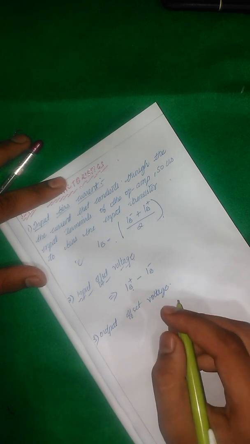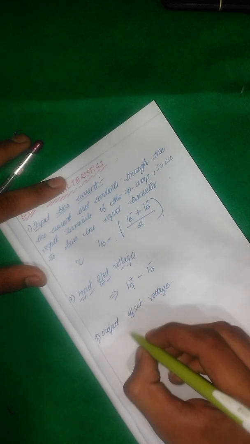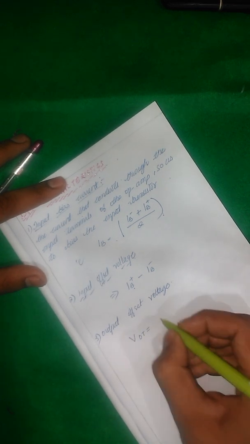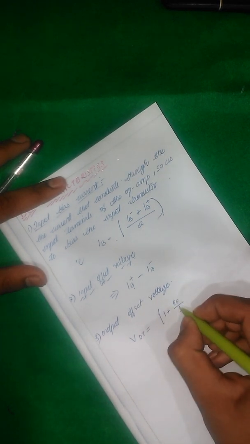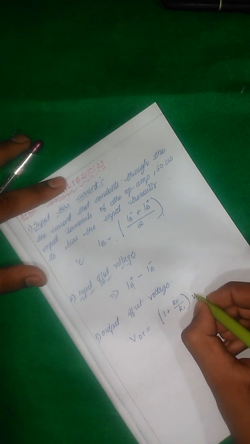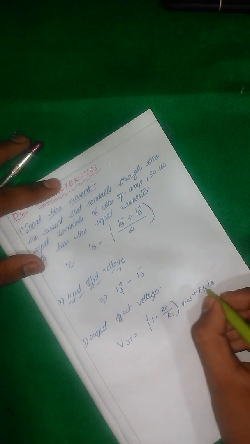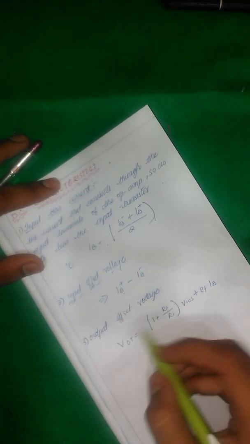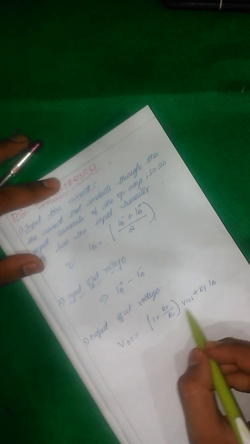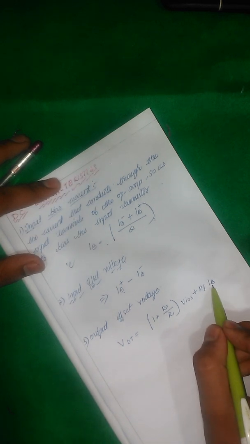It is the output voltage obtained when both the input terminals of an op amp are grounded, like V_out equals (1 plus R_F by R_1) V_IOS plus R_F I_B, where V_IOS is the input offset voltage and I_B is the input bias current.